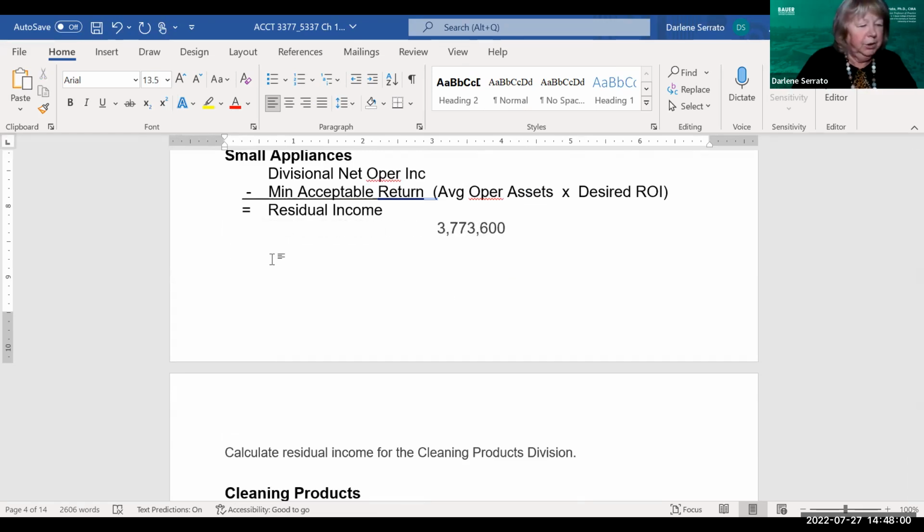Minimum acceptable return was the 8% times average operating assets of 6,934,000.